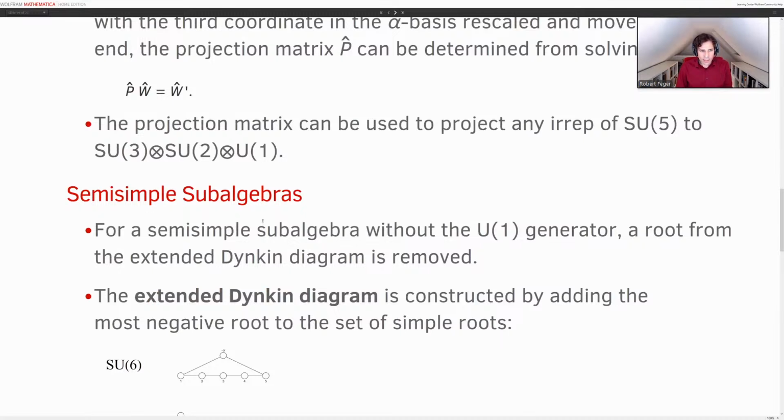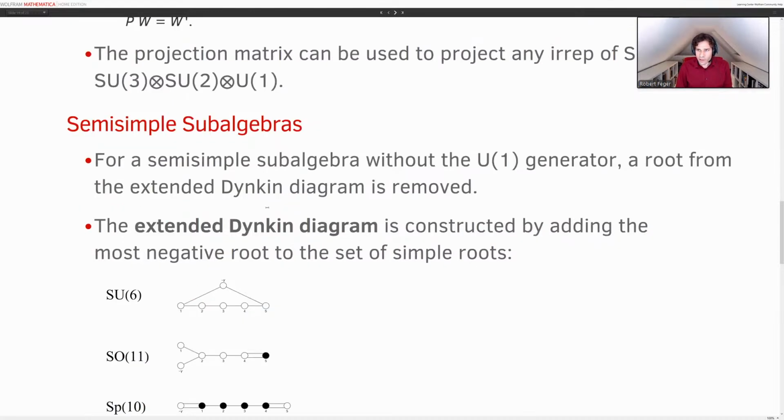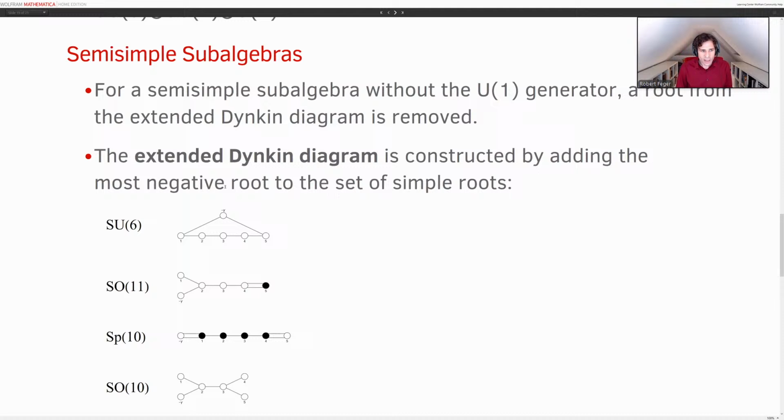Semisimple subalgebras don't have this U1 generator, so you cannot drop a root, because then you would obtain a U1 charge. Instead, you use the so-called extended Dynkin diagram. Those are the diagrams that were shown at the beginning of the talk; the very first slide had the extended Dynkin diagrams in the background.